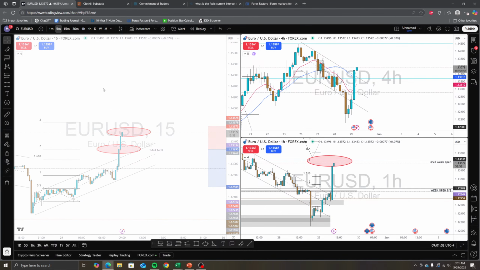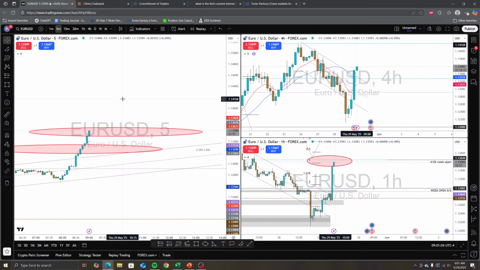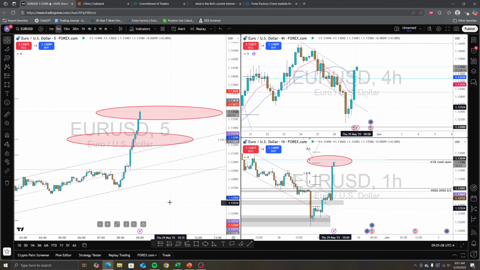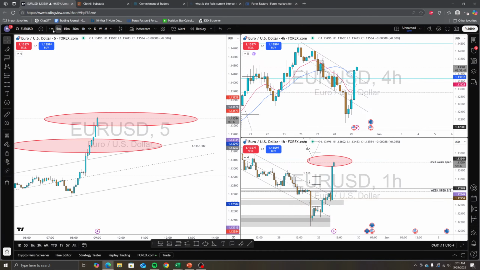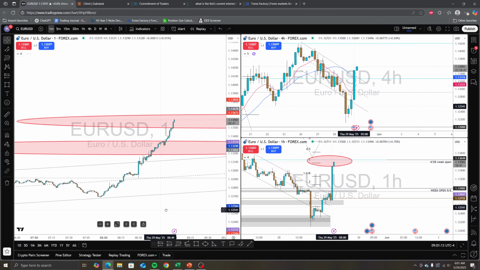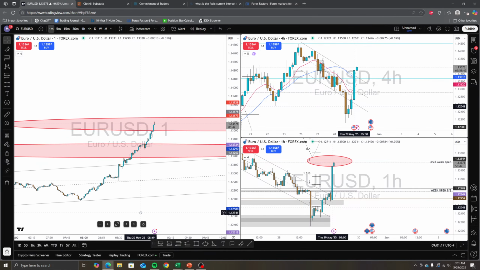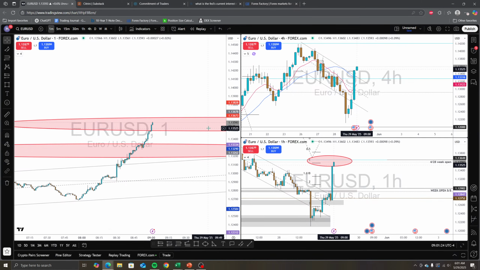Yeah, I go to 15-minute charts, so it looks like there's more things going on, but in reality it's the same thing. Just look at this. Jesus. This is about to go to 1.136 right here.